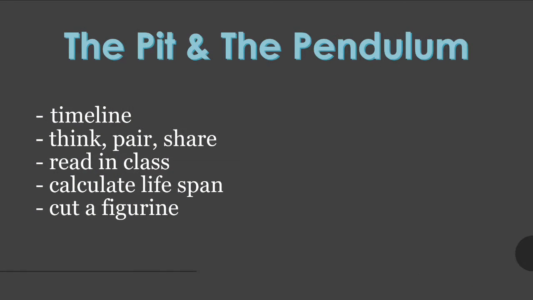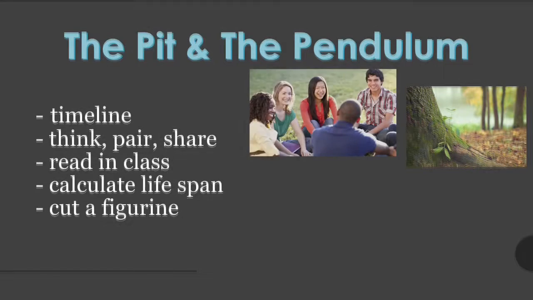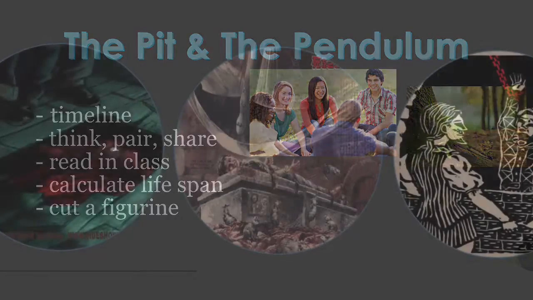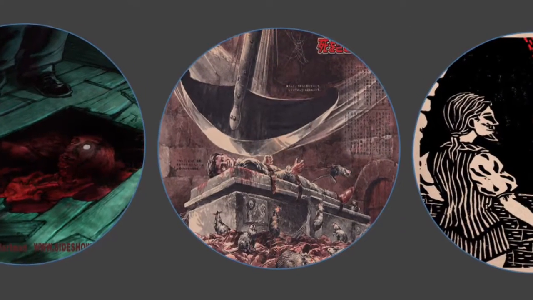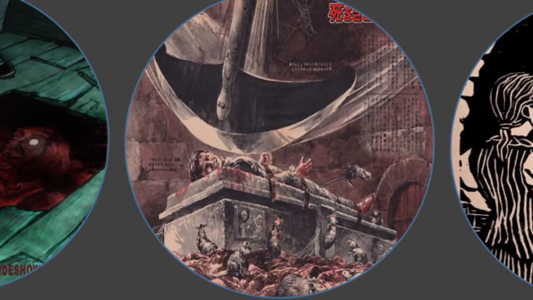For the next story, students will learn about the Spanish Inquisition by adding important dates to the timeline of Poe used on day 1. Students will then be required to grapple with their table partners as to why Poe would be interested in the Inquisition so much so as to write The Pit and the Pendulum. This short story traps the protagonist under the swing of a pendulum with a blade that will soon cut his body.